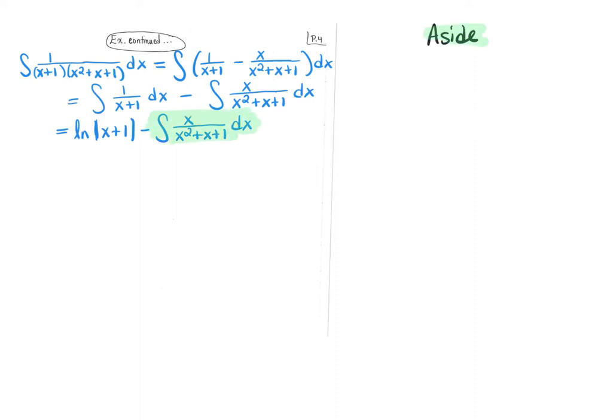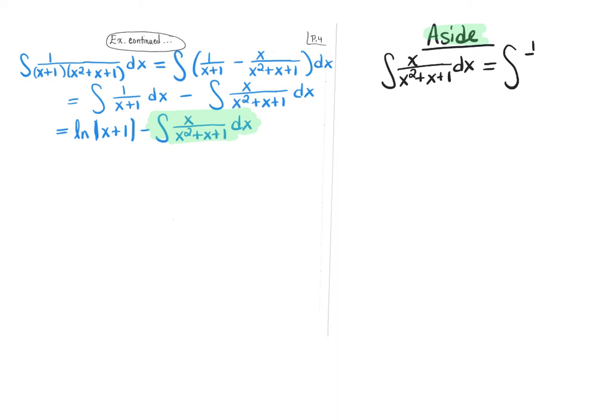Okay, that's the aside. So the integral of x over x squared plus x plus 1 dx is equal to, we're going to put 1 in a nice way.